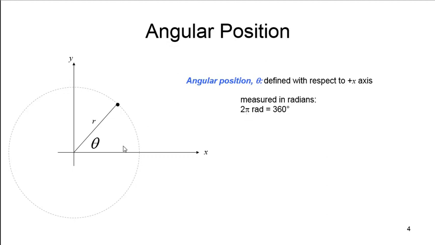There's 2 pi of those all the way around the circle. Just like I could take this circle and chop it up into 360 pieces, where each tiny angle would be 1 degree, you could chop this up into tiny pieces where each angle is 1 radian, and then how many of those radians would there be in the full circle? There'd be 2 pi of them.